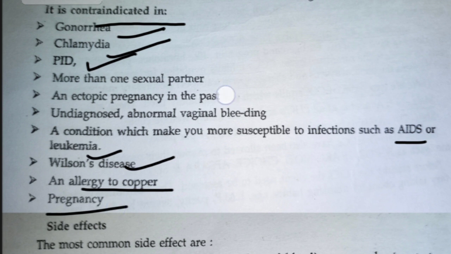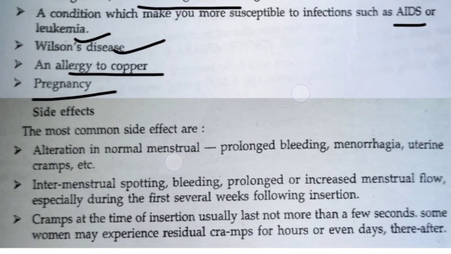And if she has a past history of ectopic pregnancy, that is, the fertilization has occurred in the fallopian tube or any other region apart from the uterus, an abnormal pregnancy, in that condition she is not allowed to use it. And if there is any kind of abnormal vaginal bleeding also, she is not allowed to use it. These are the contraindications.